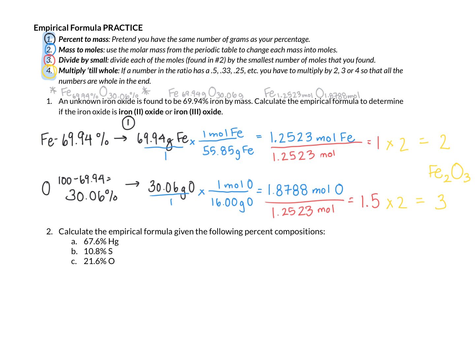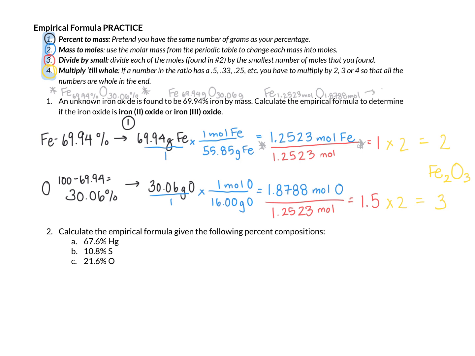So now we have weird numbers, 1.2523 moles and 1.8778 moles, and we have to somehow turn them into a whole number ratio. The easiest way to do that is to make one of them 1. So pick the smallest one and make it 1, which is what we did here, and then make the other ones relative to that.